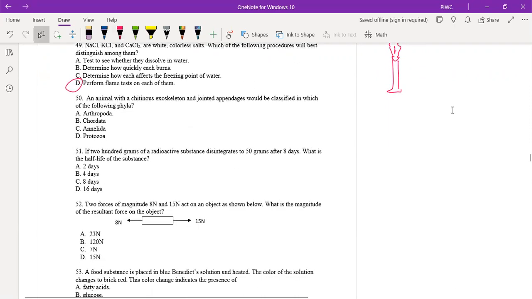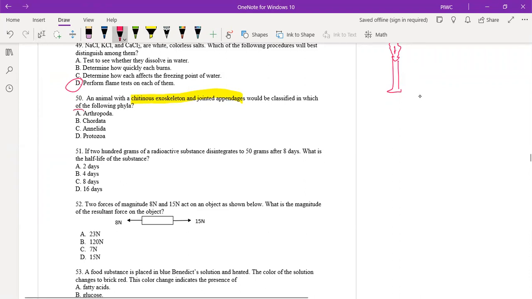Okay, number 50. An animal with a chitinous exoskeleton, that means on the outside, exo, and jointed appendages will be classified in which of the following phyla? Will somebody guess? I guess A, Arthropoda.